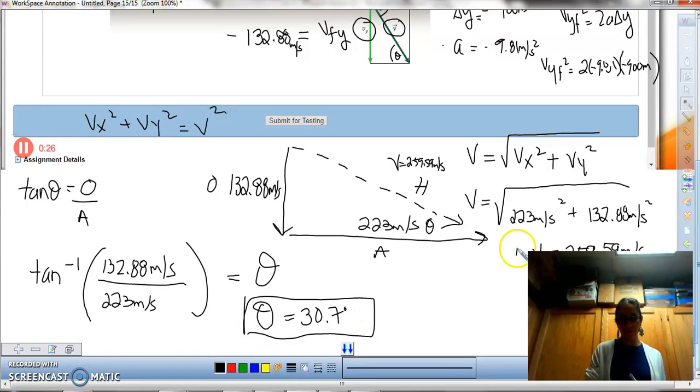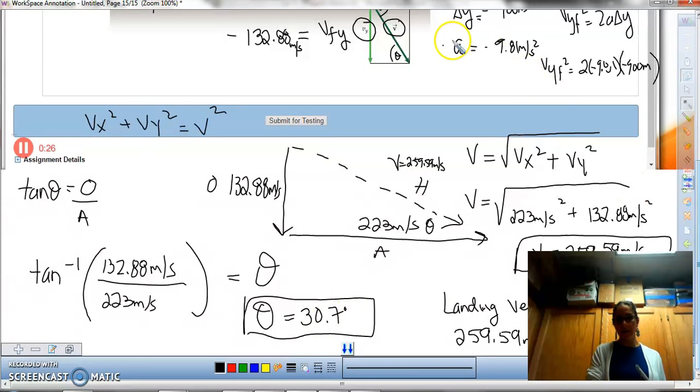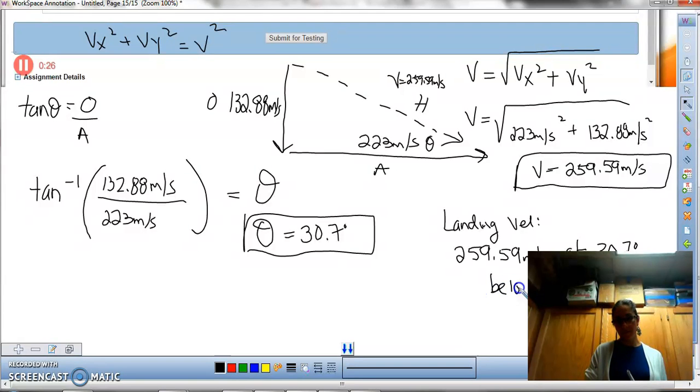So the final answer of the landing velocity would be 259.59 meters per second at, so I'm going to say this is representing the angle below the horizontal, so 30 degrees, 0.7 below horizontal.